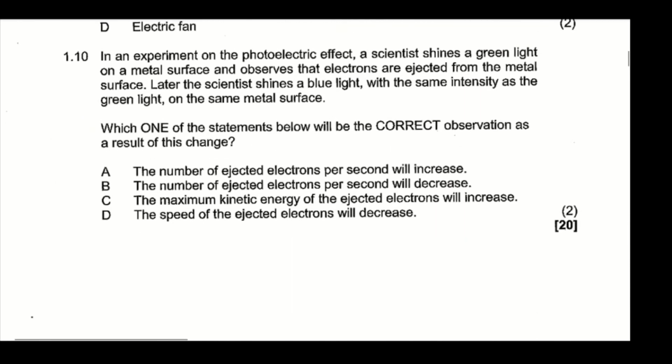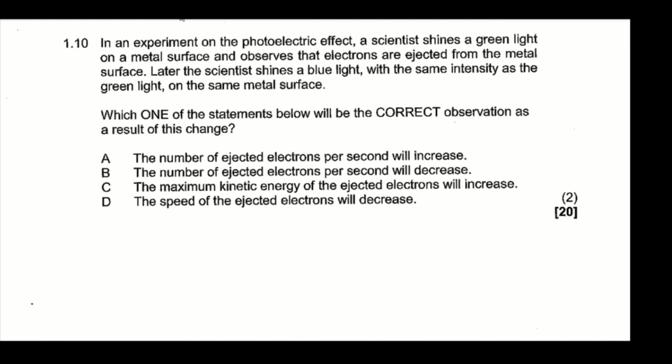Fine. Then we go to 1.10, which says that in an experiment on the photoelectric effect, a scientist shines a green light on a metal surface and observes electrons ejected from the metal surface. Later the scientist shines a blue light.